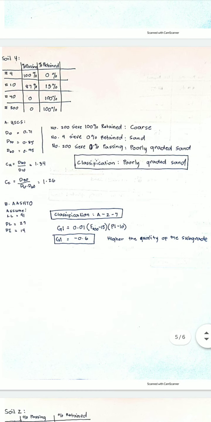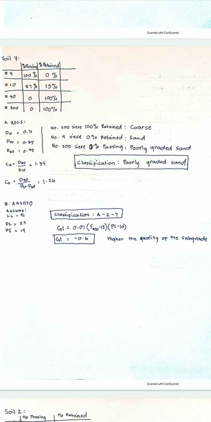By USCS, I first identify the D10 of soil Y as 0.71, D30 of 0.85, and D60 of 0.95. According to the table, number 200 sieve size has 100%, so it is coarse.